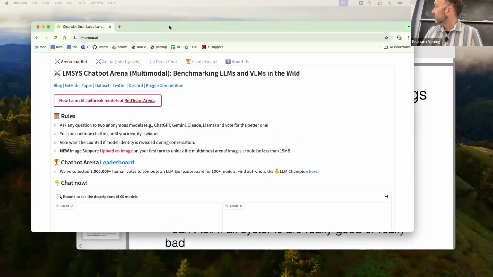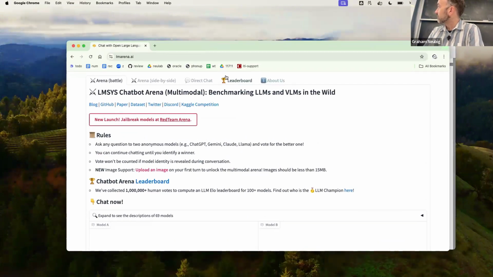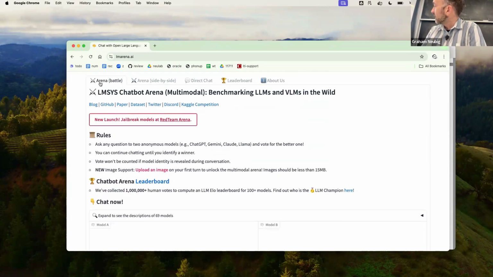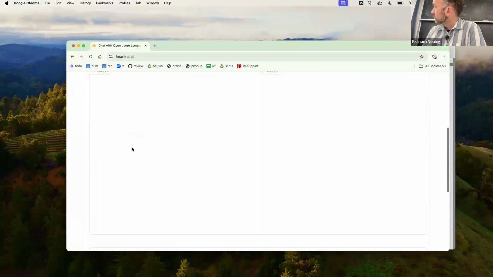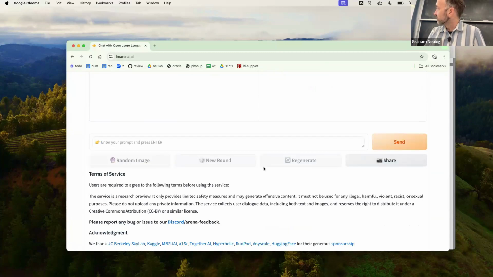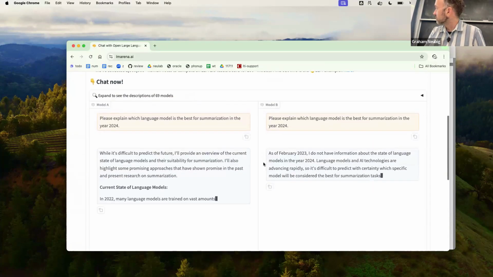The chatbot arena is basically a thing where if you go to battle, you can put in a prompt and say, please explain which language model is the best for summarization in the year 2024. And it will give you two answers.